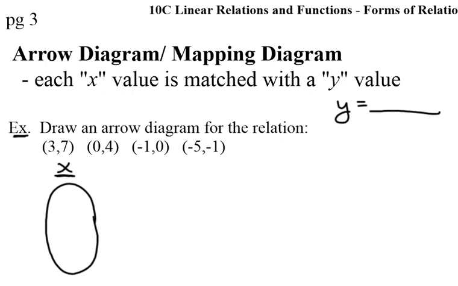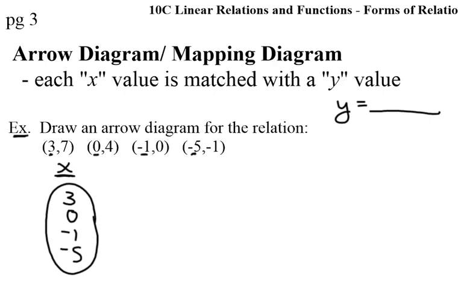So we always want to start with x, and what are the x values we have? Well, here's all of our individual elements that make up the set. We have 3 and 0 and -1 and -5. There's the set that we have with all of the elements within it.